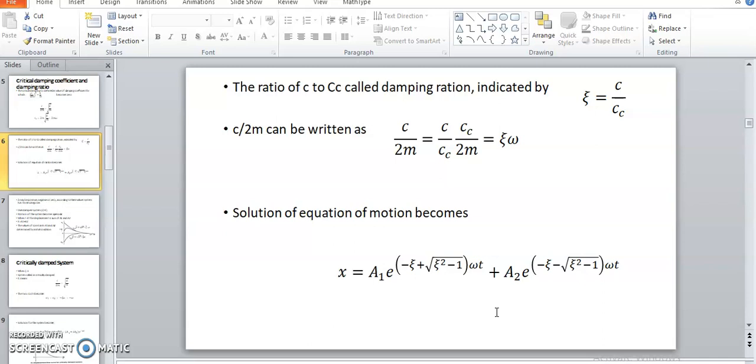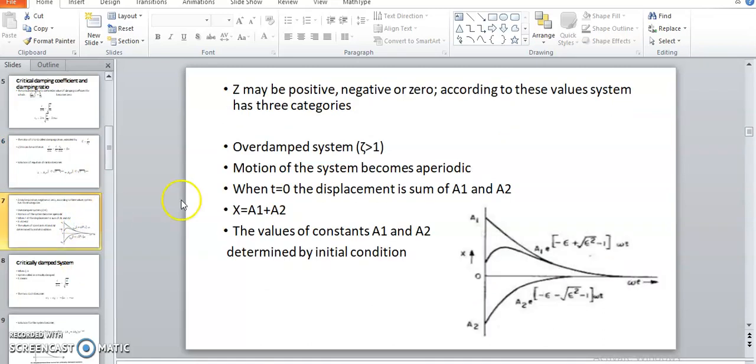Zeta may be less than 1, zeta equal to 1, or zeta greater than 1. If zeta is greater than 1, it is called the over-damped case. If zeta is equal to 1, it is called the critical damped case. And if zeta is less than 1, it is called the under-damped case. So we discuss these three cases. First, the over-damped case.